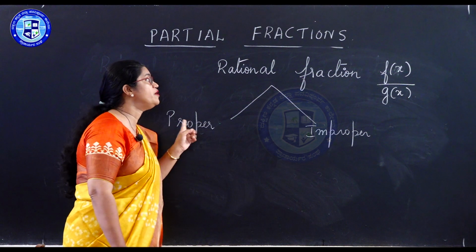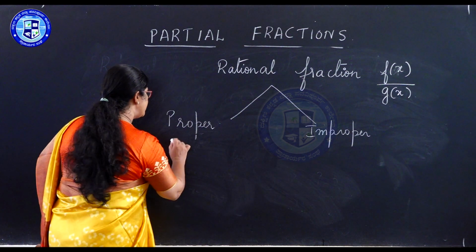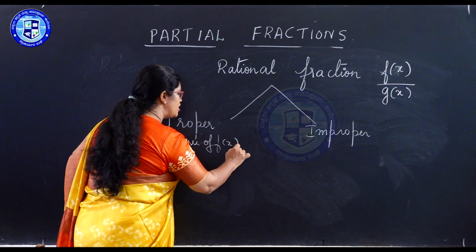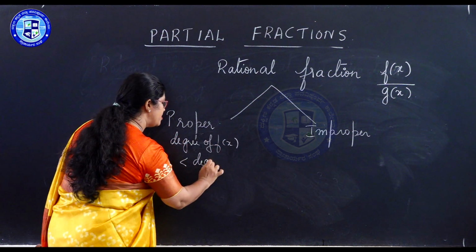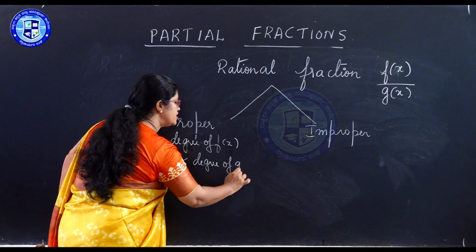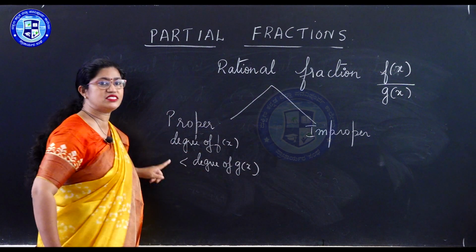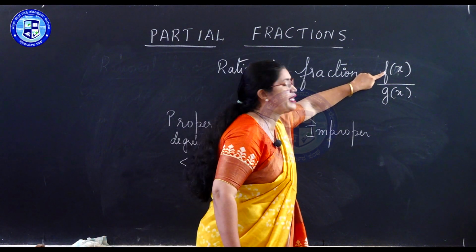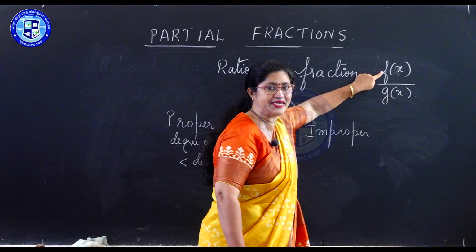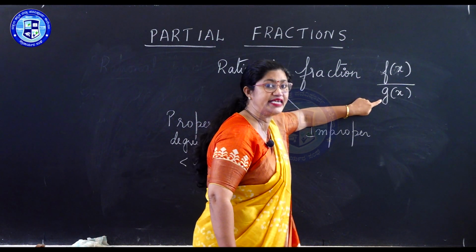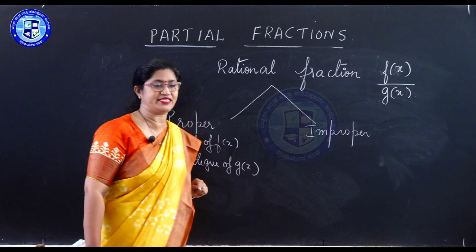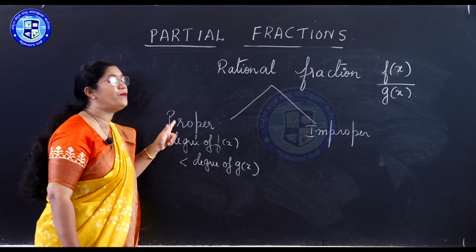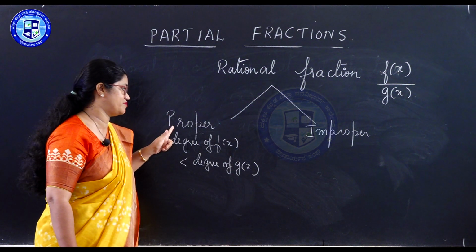So a proper rational fraction means the degree of f of x should be less than the degree of g of x. If the degree of the equation in the numerator is less than the degree of the equation in the denominator, then such a rational fraction is called a proper rational fraction.